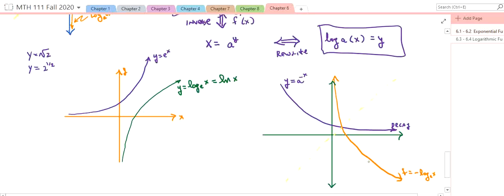Notice the orange is a mirror image of the purple over this y equals x line. So if this was y equals e to the minus x, this would be y equals minus natural log of x.